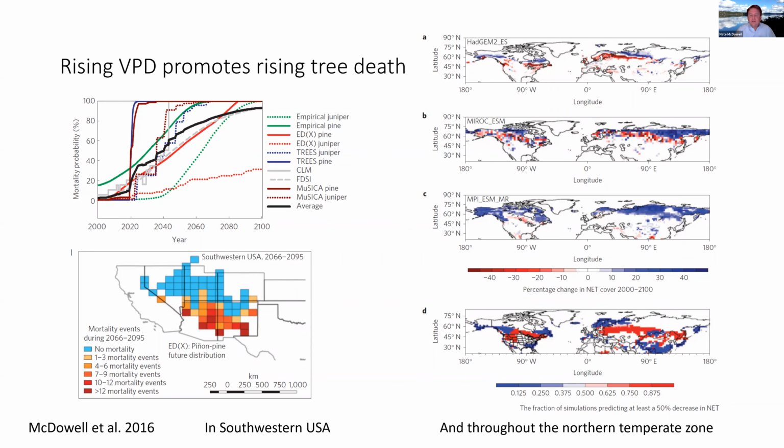The red colors mean tree loss, conifer loss specifically, and the blue colors just mean more growth, right? I would point out that for the Max Planck one in panel C, when we look at the data, they actually had just as high needleleaf conifer loss or turnover as the other models, quite significant, but the growth response was so strong that it overwhelmed this and they became fairly neutral.